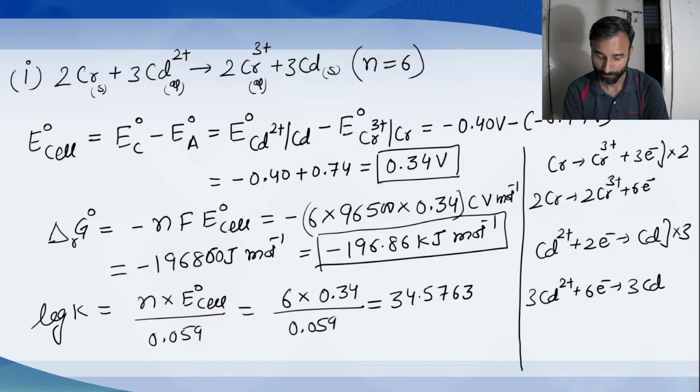Am I right? 6 into 0.34 divided by 0.059. Yes, it is 34.5763. K is the anti-log of this value.